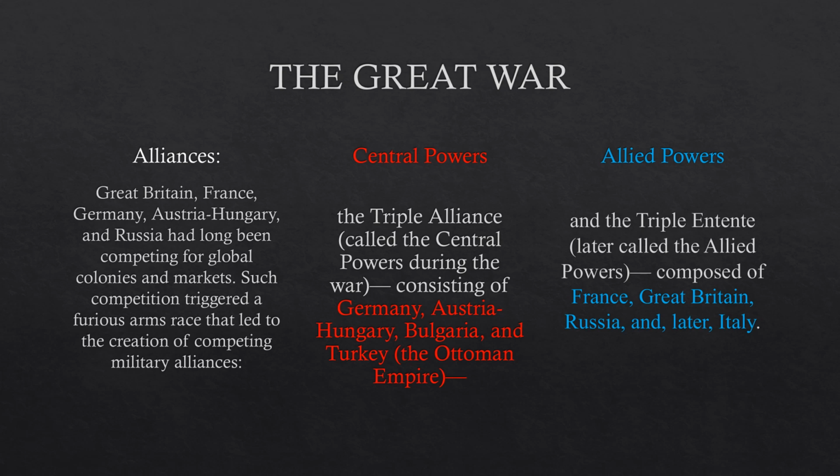Serbian nationalists had long hoped to create Yugoslavia, a nation encompassing all ethnic Slavic peoples from throughout the Austro-Hungarian Empire. Russia, home to millions of Slavs, supported the Pan-Slavic movement. Okay, everybody clear? Yes. Okay.